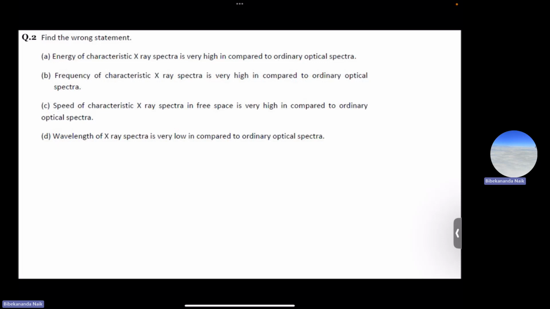Option D, wavelength of X-ray spectra is very low in comparison to ordinary optical spectra. Since in this question all the comparisons of X-ray spectra are being done with respect to optical spectra, let's first determine the energy, frequency, and wavelength of the optical spectral lines.